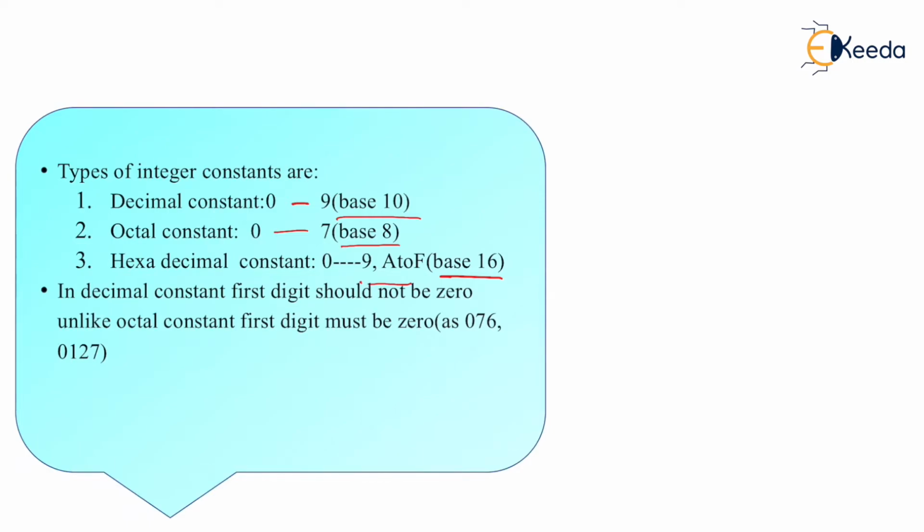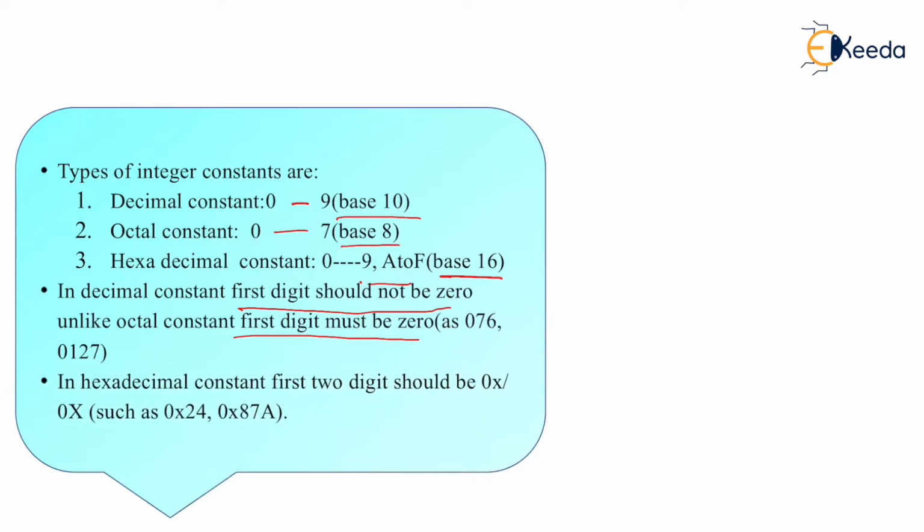Next, in decimal constant, the first digit should not be 0. Unlike that, in octal constant, the first digit must be 0. Next, in hexadecimal constant, the first two digits should be 0x or 0X.